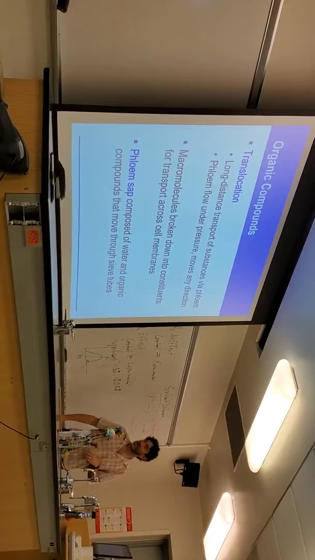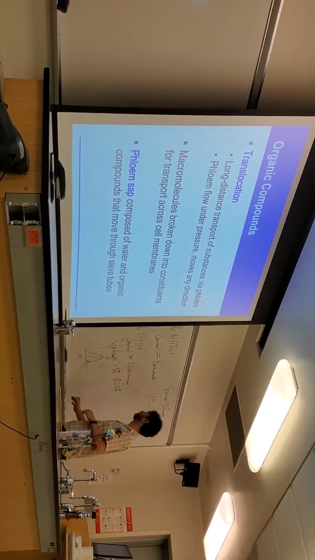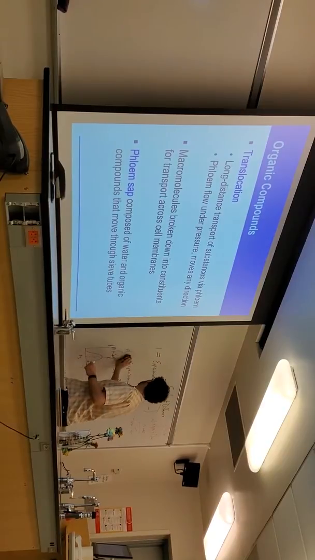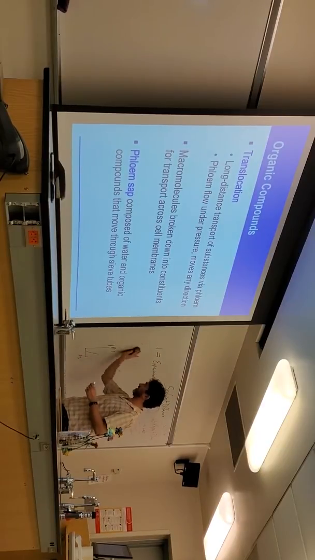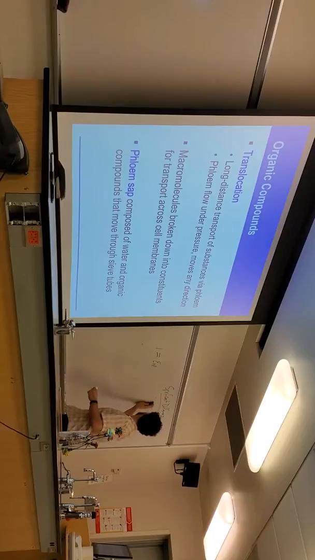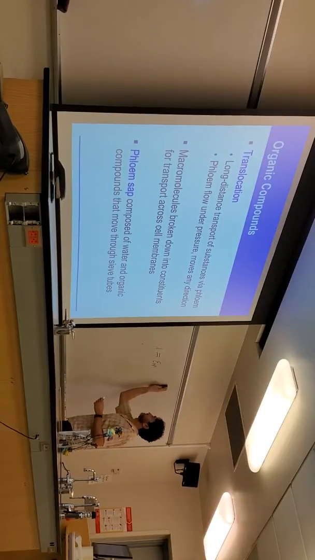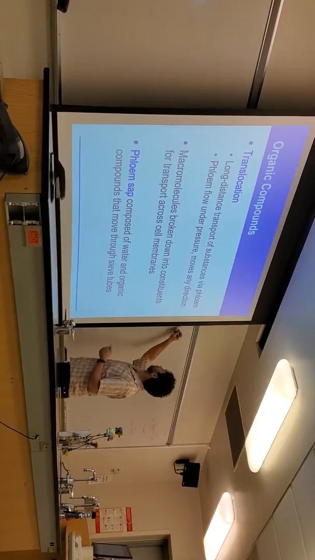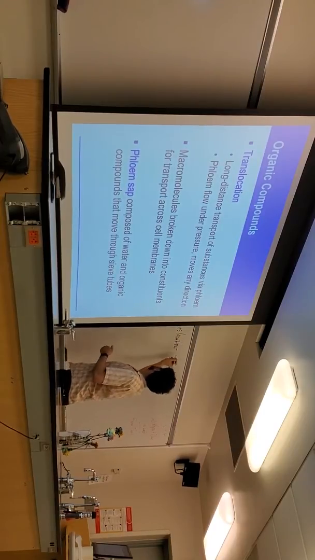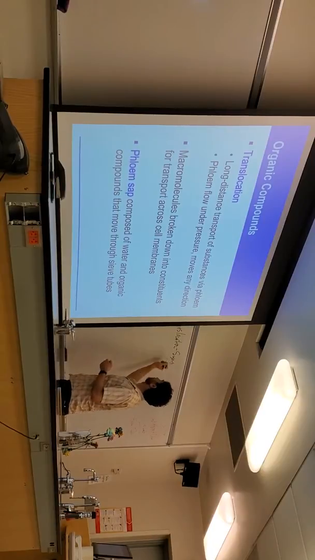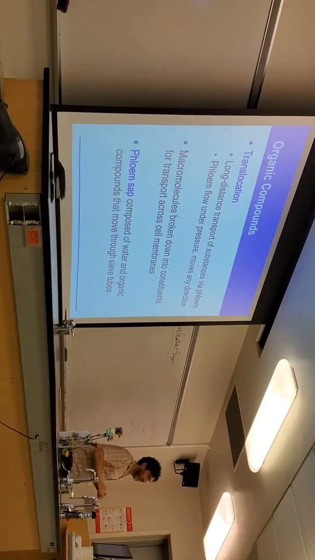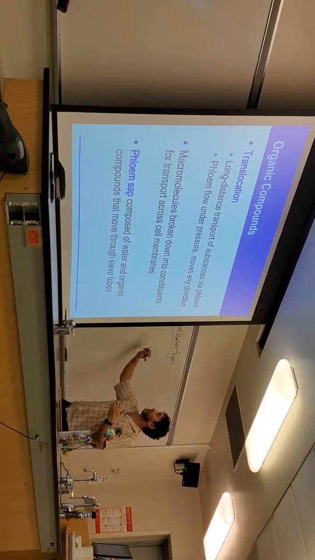All right, so we talked about transpiration. Transpiration is the movement of water through the xylem. Now I'm going to talk about translocation. Translocation is how sugars move. So this is occurring in the phloem.